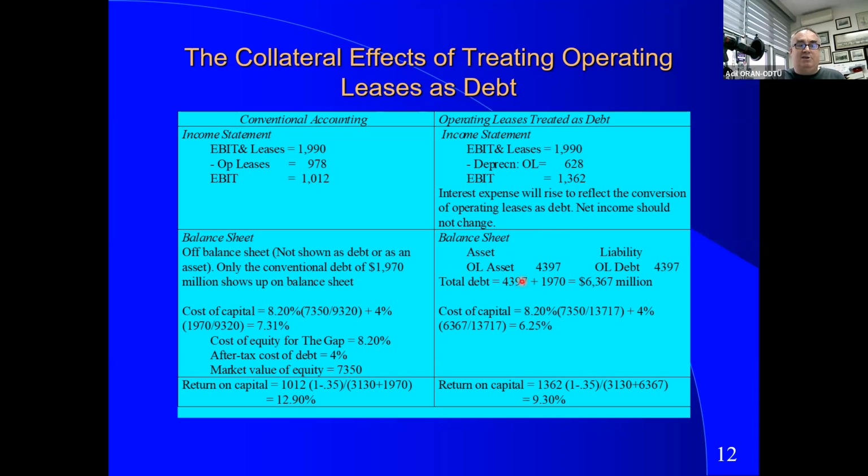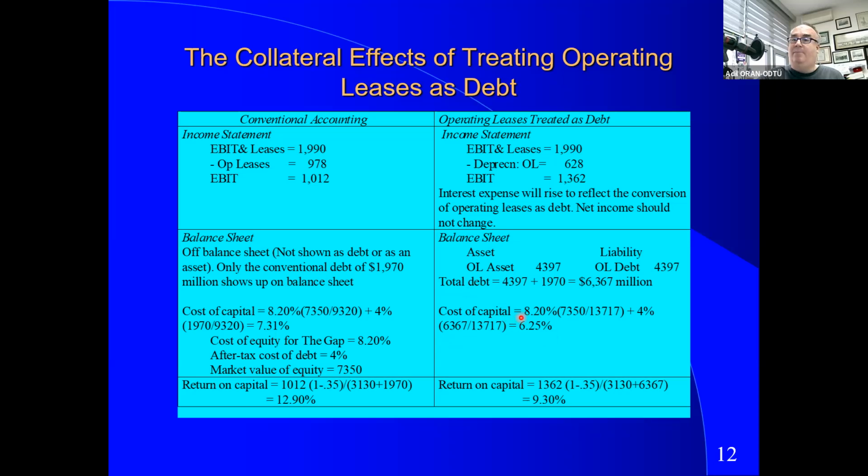And in the balance sheet, assets would be increased by this amount and your liability would be increased by this amount. But notice the big increase in the debt, because yes, assets are increasing, but all of that on the liabilities and equity side is being added to liabilities. So the debt ratio is going up. The cost of capital, which here was calculated as 7.31%, here becomes 6.25%.